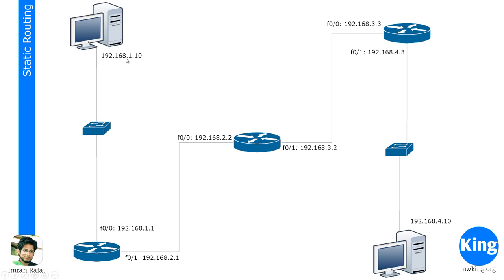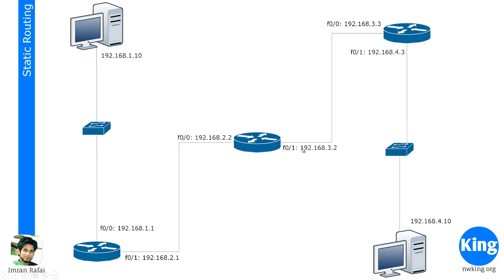We have a computer with an IP address 192.168.1.10. This is connected through a switch to a gateway or router on its F0/0 interface, which has an IP address 192.168.1.1. The other interface, F0/1, of that router is given an IP address 192.168.2.1, and that is connected to another router with an IP address 192.168.2.2.